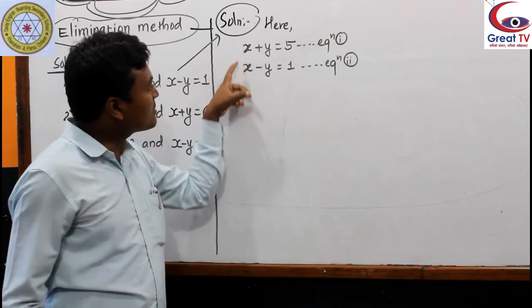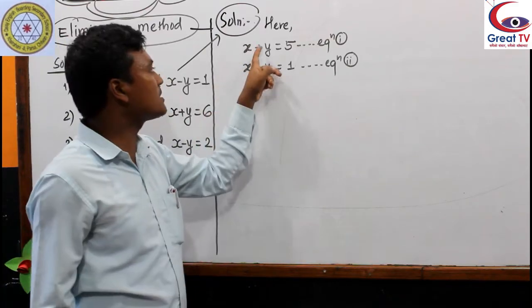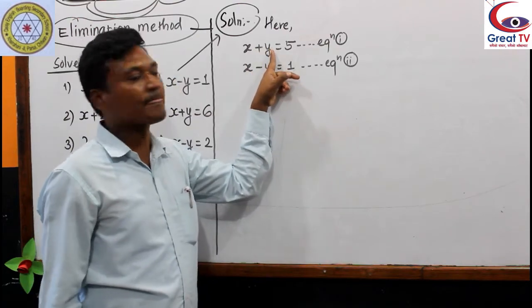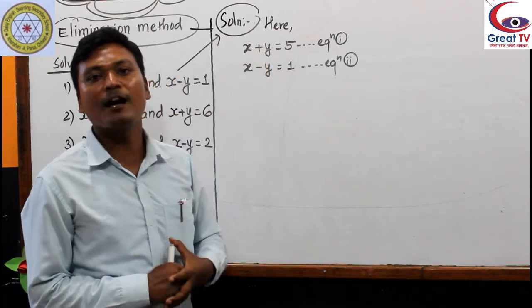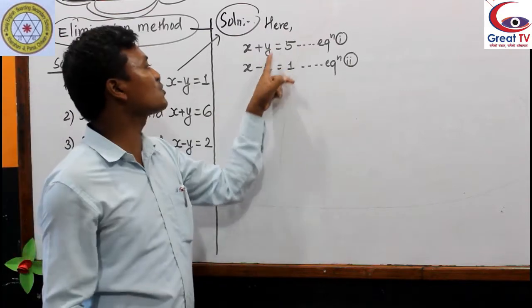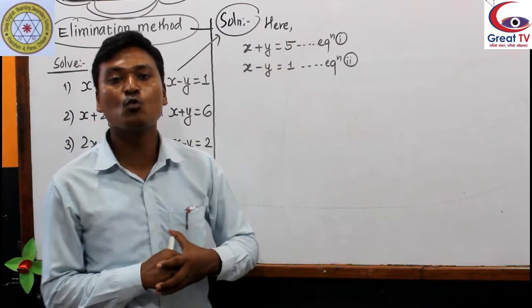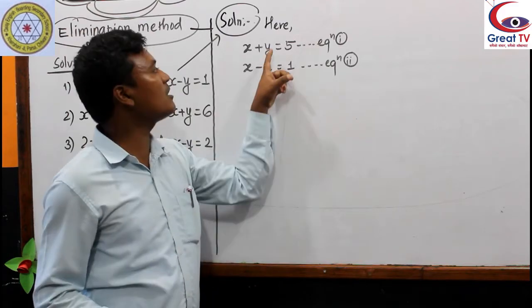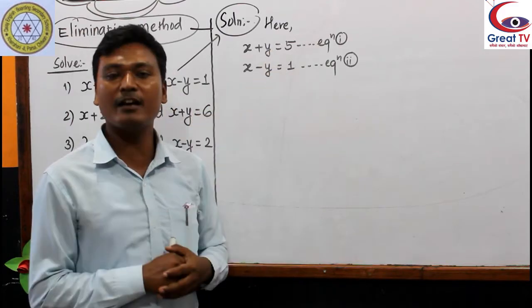Okay, here coefficients of x are same, coefficients of y are also same, but one thing, check it is plus y. In the second we have minus y, and you know very well simplifying plus y and minus y, equal terms, one positive, one negative can be cancelled. So plus y and minus y can be cancelled directly.